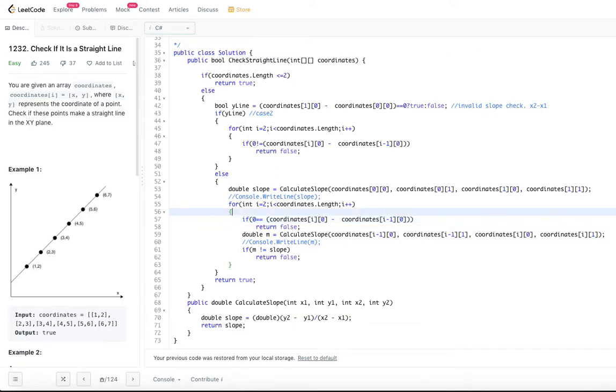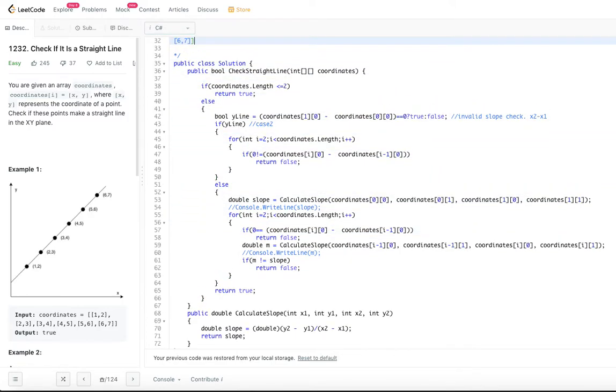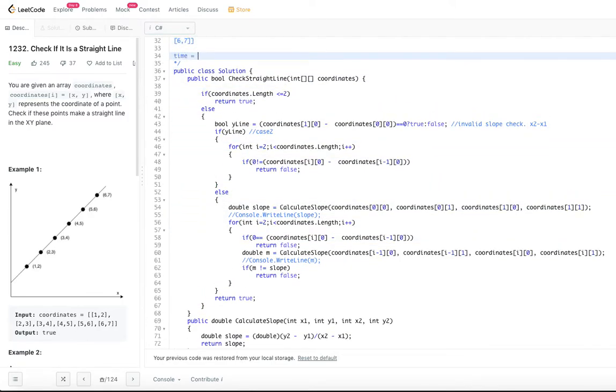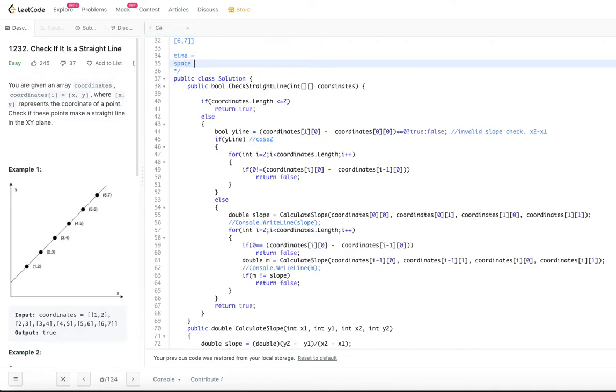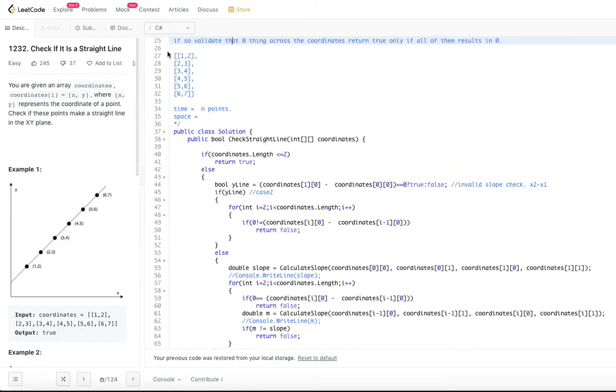Let's go ahead and look at the time complexity and space complexity for this algorithm. So time and space. Let's say there are n points in the coordinates. In this example there are 6 points.